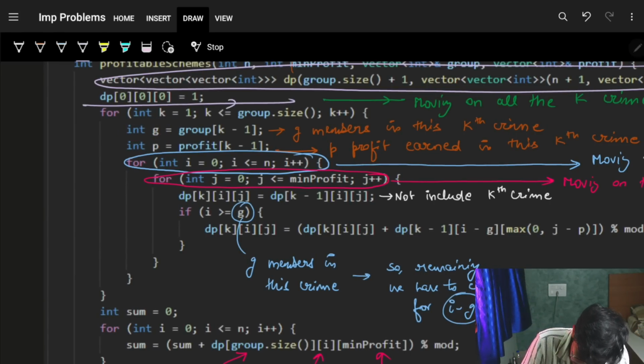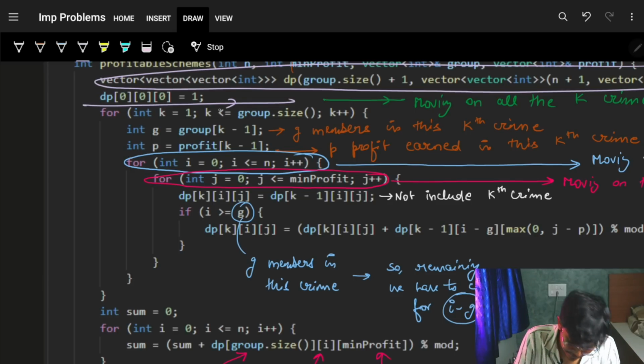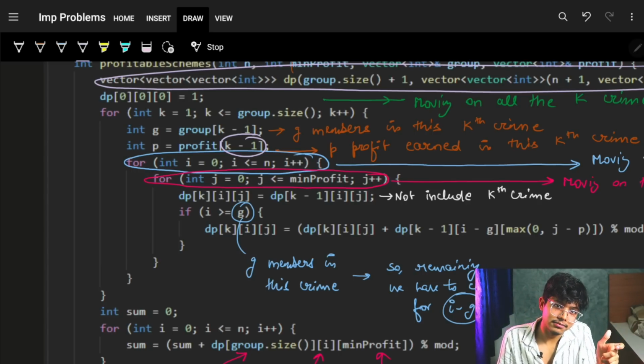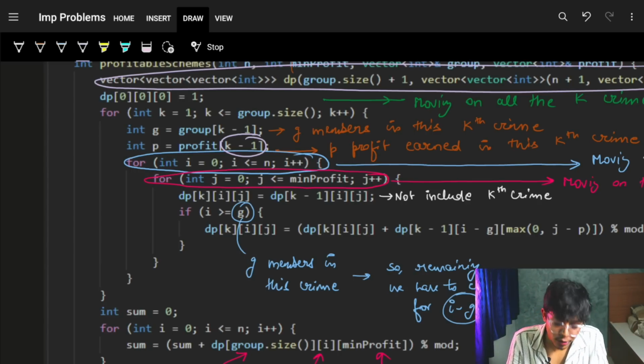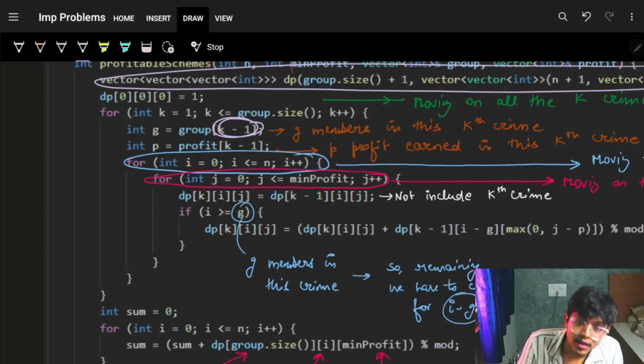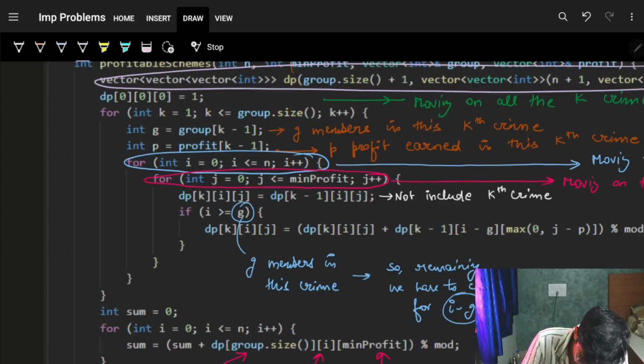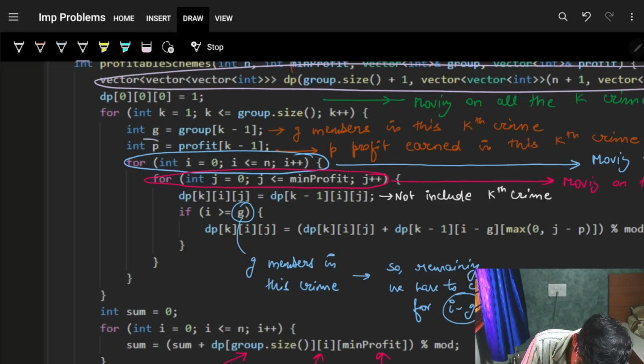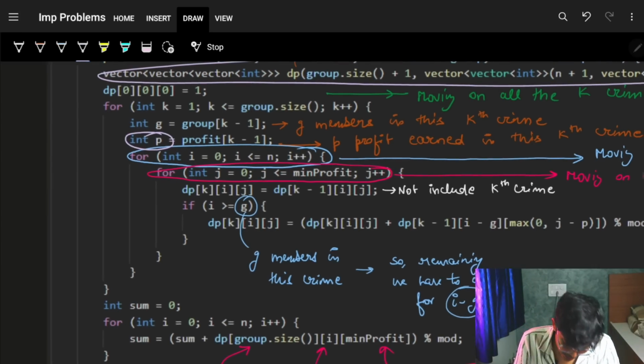Here k says first crime, but the first crime is actually the 0th crime because the indexing is from 0, right? That's the reason I extracted k minus 1, which is actually the first crime itself. Now it will say what is the number of members which will be included because of this crime, and what's the profit which will be included because of the crime right here.